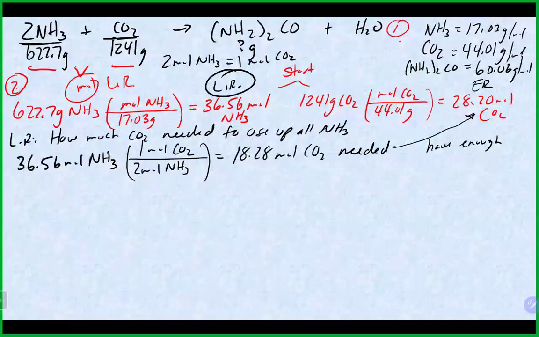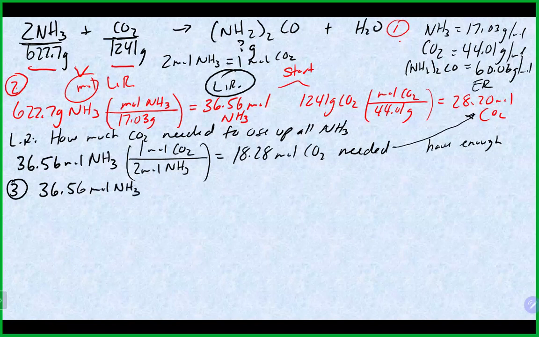Now that we do have which one's the limiting reagent, we could just get back on our stoichiometry train here, and we'll start with the starting amount of our limiting reagent. And now we could go from our limiting reagent to our product and have that relationship. And as we could see, for 2 moles of NH3, we get 1 mole of our product here.